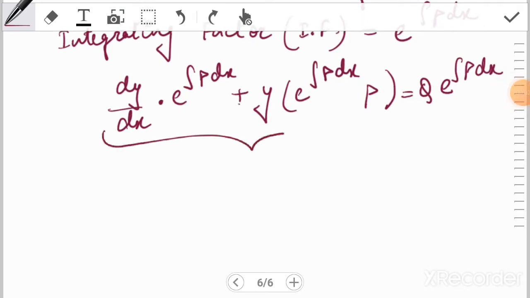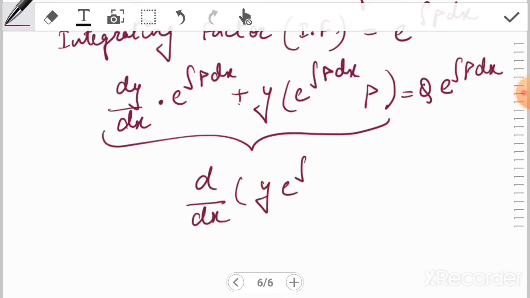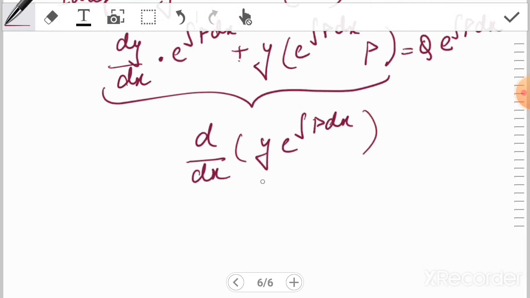Notice that this is nothing but derivative of y e raised to the power integral p dx. So if you consider y as u and this as v, this is in the u into v form.